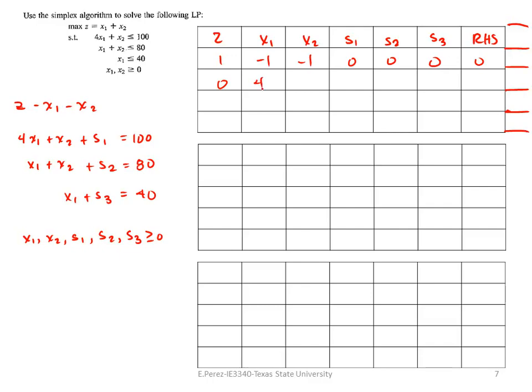This is 0, 1, 1, 1, 0, 0, 100. Then 0, 1, 1, 0, 1, 0, 80. And 0, 1, 0, 0, 0, 1, and this is 40.